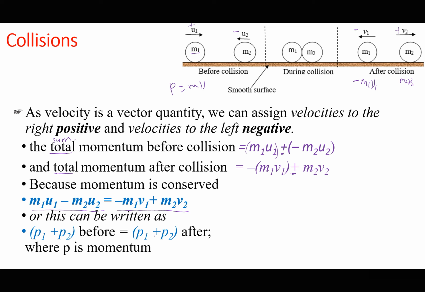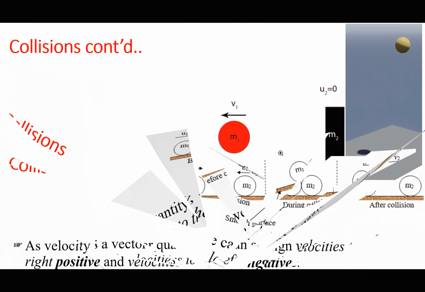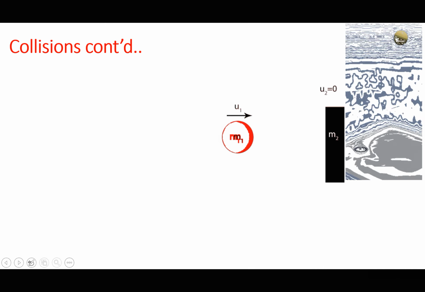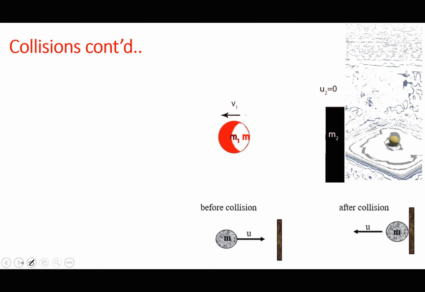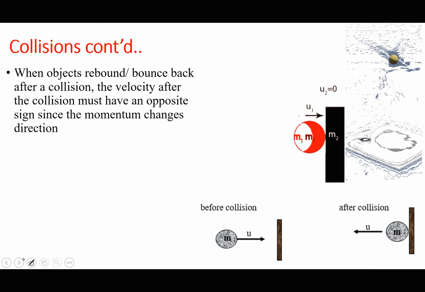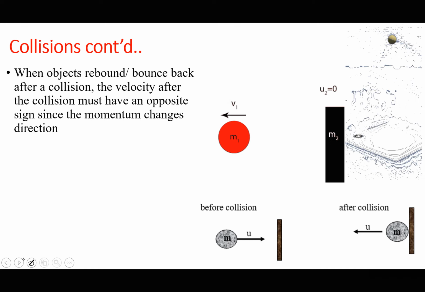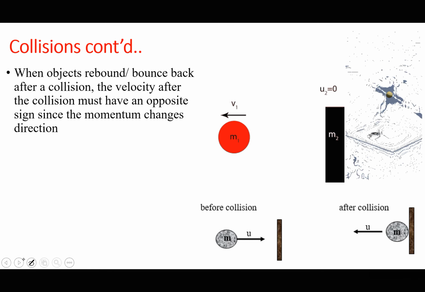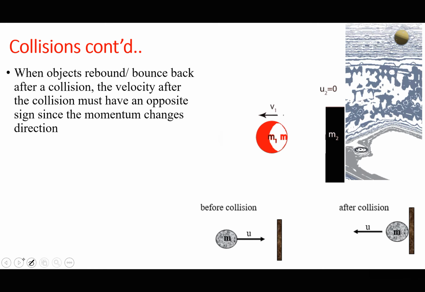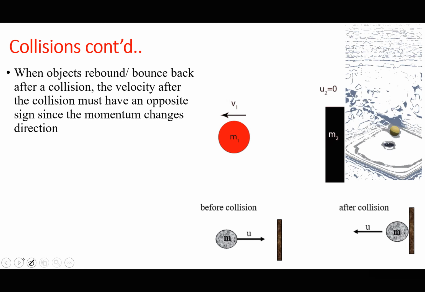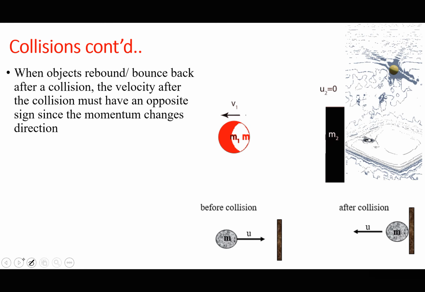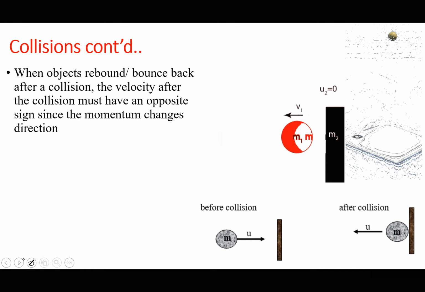This is what we call applying the principle of conservation of momentum. Let's understand this in more detail. When an object rebounds or bounces back after the collision, the velocity after the collision must have an opposite sign since the momentum changes direction. That is very, very important.